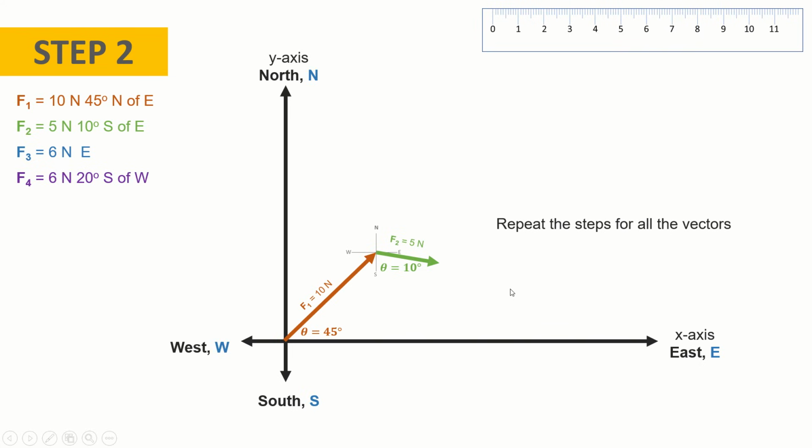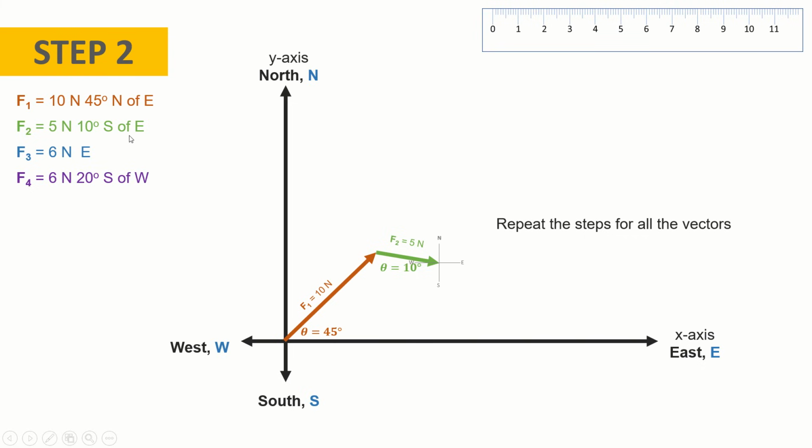The next step is to just repeat the process. Since we have more than two vectors, whatever we did with our previous vector, we also do with the succeeding vectors. So let us draw another smaller Cartesian plane. Let us use this smaller Cartesian plane to locate force vector number 3, which is 6 newtons east.